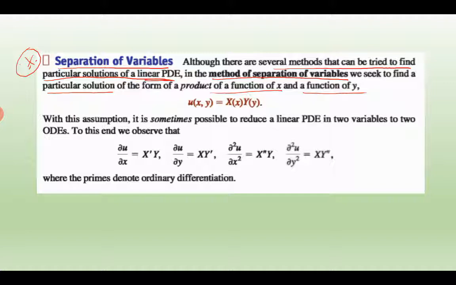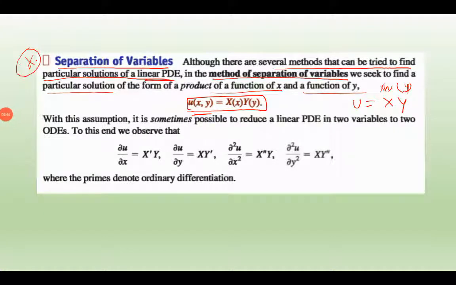That is, we are going to assume u is equal to X times Y, where u is a function of both x and y, X is a function of x alone, and Y is a function of y alone. That is, we are separating the entire function into two parts, one a function of x alone, another a function of y alone, and then we use a different technique to solve it.